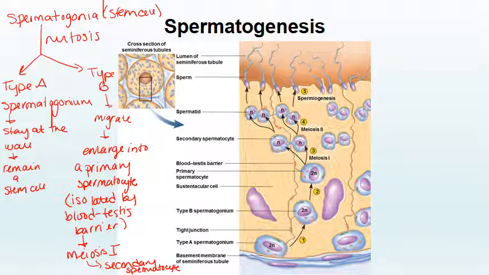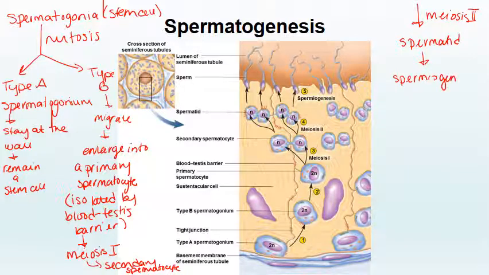I'm going to come back up over here. So the secondary spermatocyte is going to go through meiosis 2. So that's our second division, and it is going to become a spermatid. The spermatid is going to undergo the process of spermiogenesis into a spermatozoon.